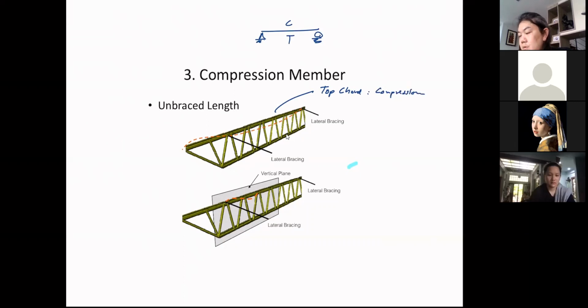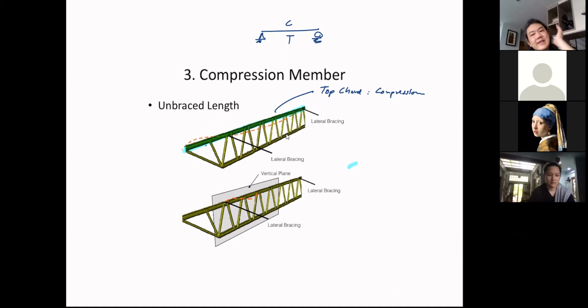So now, when we actually fabricate the truss, nobody is going to chop your top chord into pieces so that your assumption of the pin joint in the truss becomes true. The way that the truss is fabricated is that the top chord is always a long member, and then the diagonal and vertical webs will be attached to it.